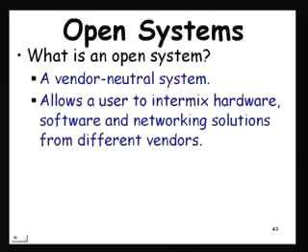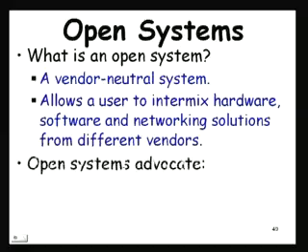So, if we have an open system, we can get one part from one vendor, another part from another vendor and so on. The user can easily integrate them, they talk to each other. But if it is not an open system, then they have to buy specific components from specific vendors. Other vendors can't even manufacture.